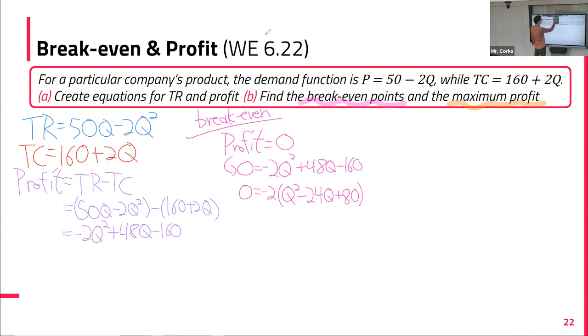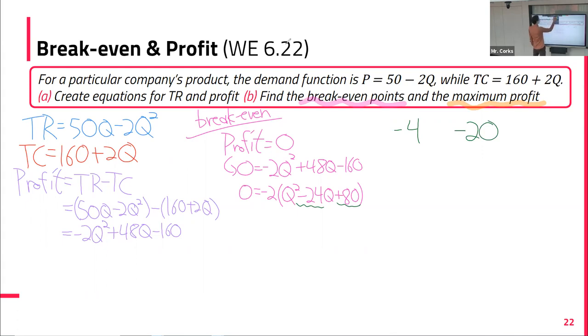And how can we try to solve this thing? Yeah, factor? How? Okay, so we can use lots of methods, but our sum product method, we can try that. Do we see two numbers that add to negative 24, but multiply to positive 80? Negative 4 and negative 20, add them together, negative 24, multiply them, positive 80.